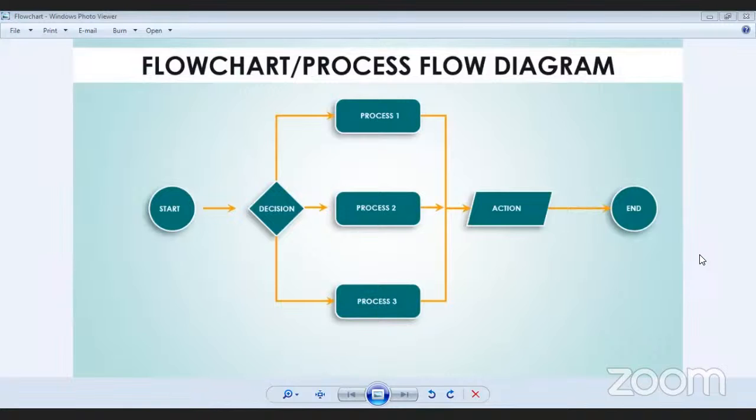And normally the flowchart provides accurate, error-free, and clear steps used to solve the problem. The steps used to solve the problem. So this is all about it, I think, for you people.